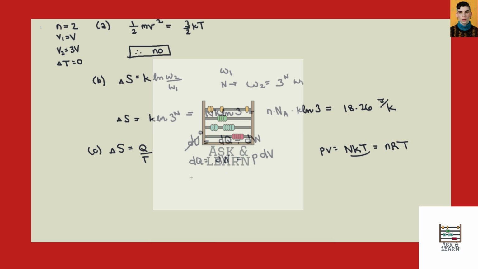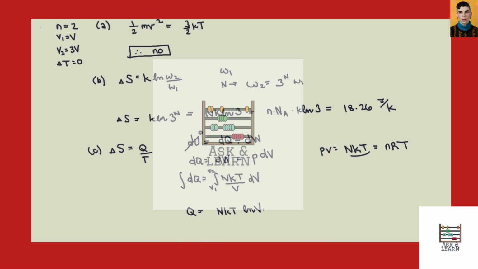So if we plug this in, we get dQ is equal to NkT over V dV. Now we can integrate both sides and we'll find that Q is equal to NkT ln of V. But remember that we're integrating from V1 to V2.